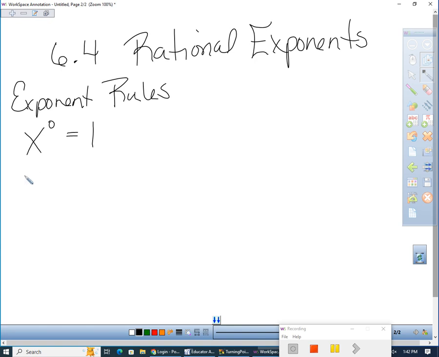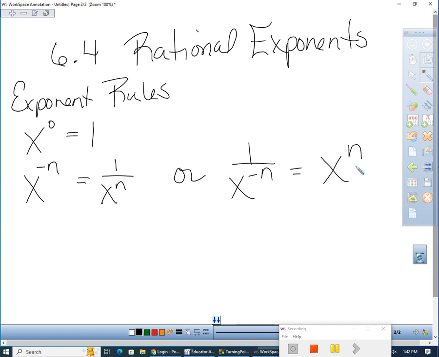If I have x raised to the negative n, remember that a negative exponent moves it where? It moves it to the bottom. So this is 1 over x to the positive n. Or, what if I had 1 over x to the negative n on the bottom? It goes to the top. So this is x to the positive n. A negative exponent just moves it.